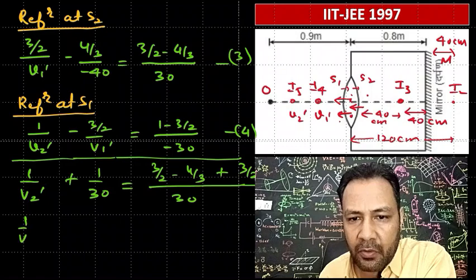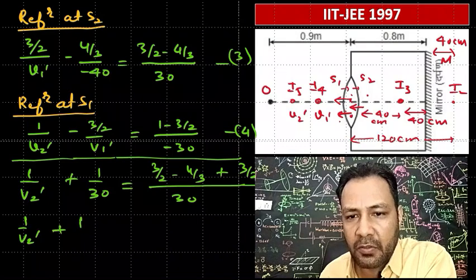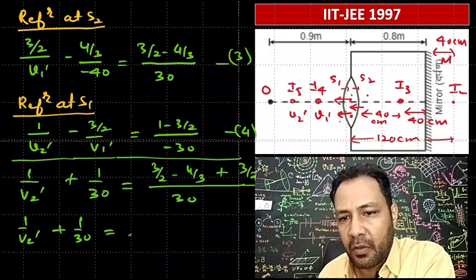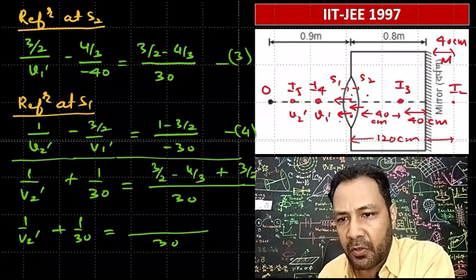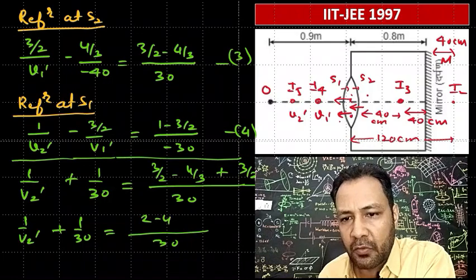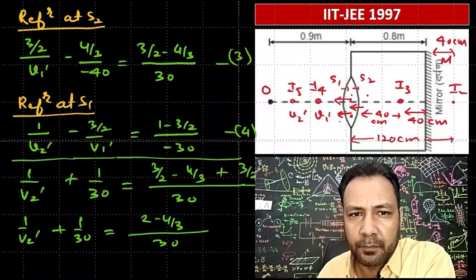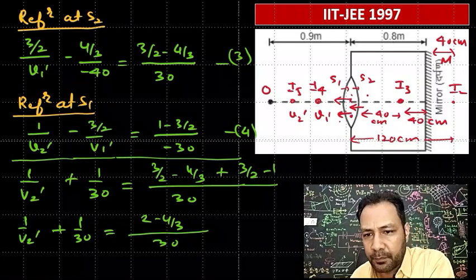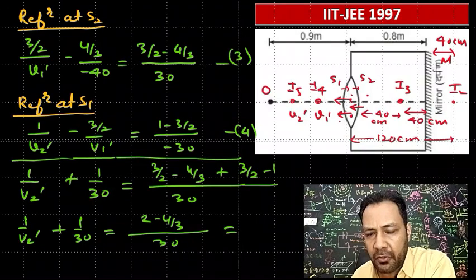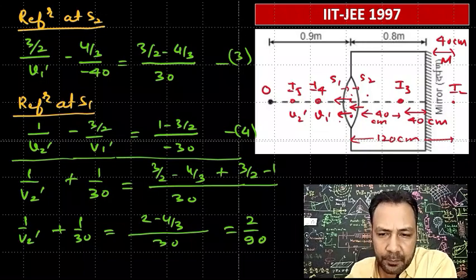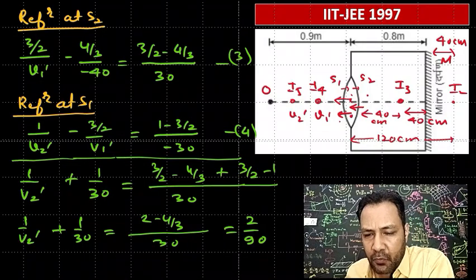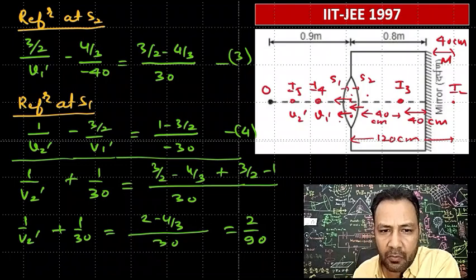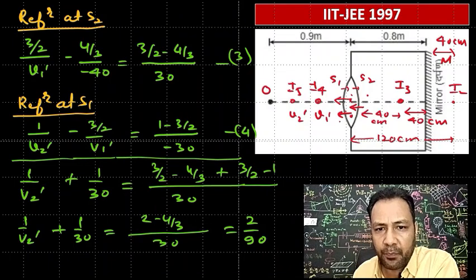So 1 by V2 dash plus 1 by 30, here 30, 3 by 2 plus 3 by 2 is 3, 3 minus 1 is 2, 2 minus 4 by 3. So this will be 2 by 3 again. So that will be 2 by 90. 2 by 6 minus 4 is, yes, 2 by 90. So now let me go to the next page.